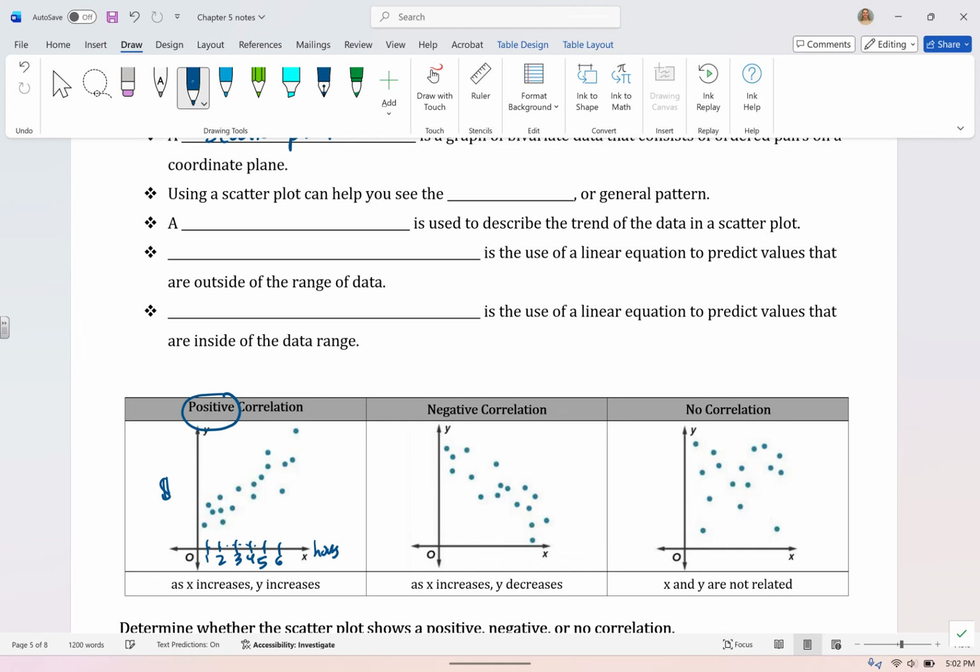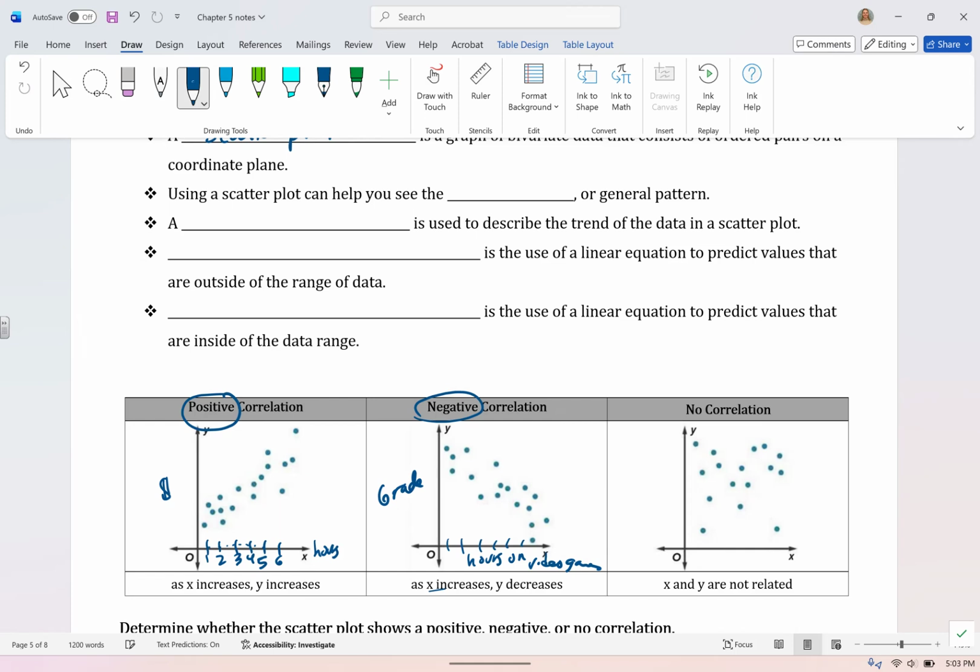And then the negative correlation would be as x increases. So like you work different hours here, this could be free time, how much free time you have left. That's kind of a silly example, but on video games, if you spend an exorbitant amount of money or time on video games, it's possible that your grade might go down.